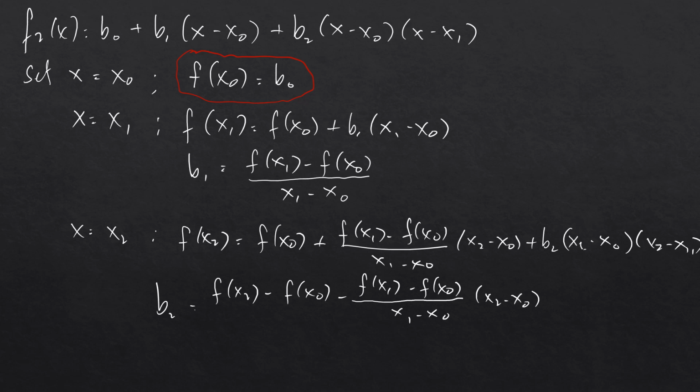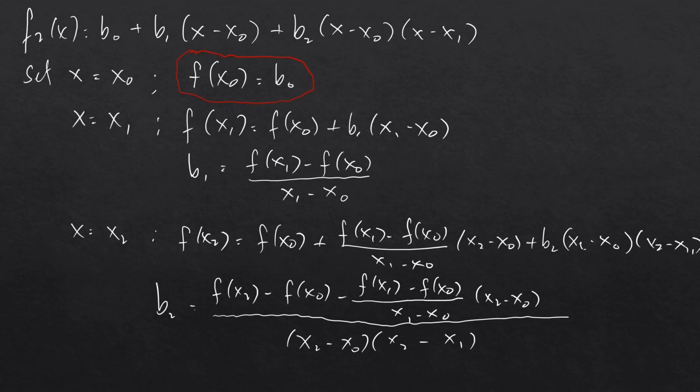And since we are solving for b sub 2, we have transposed everything to the left, leaving b sub 2, x2 minus x0, x2 minus x1 at the right side. We divide everything by x sub 2 minus x0 times x sub 2 minus x sub 1.